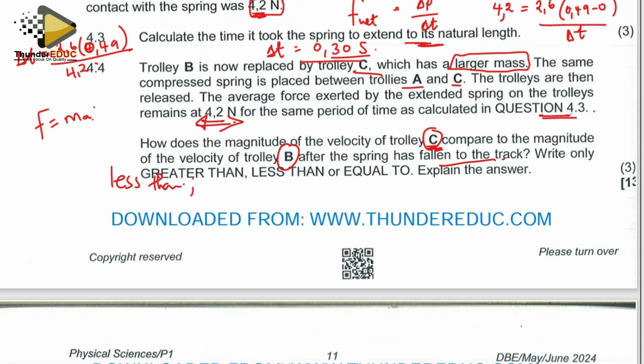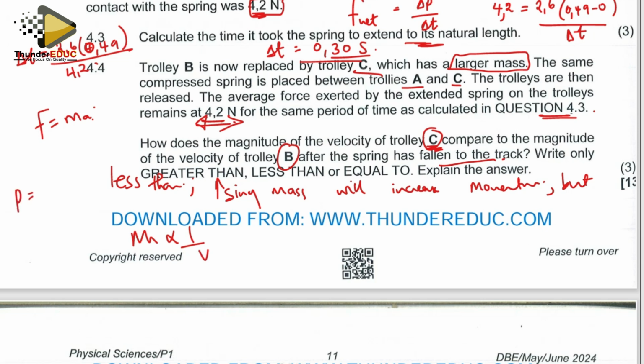The reason is that increasing the mass will increase the momentum. But we know that mass is inversely proportional to velocity. We know that momentum is mass times velocity.